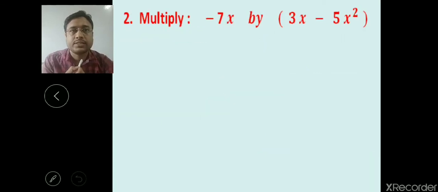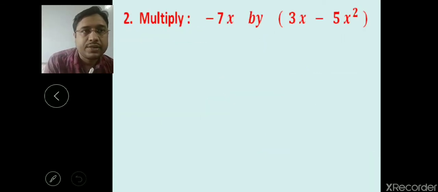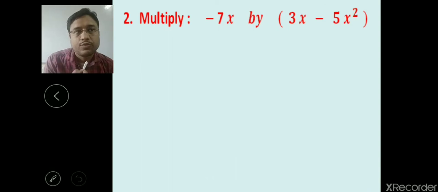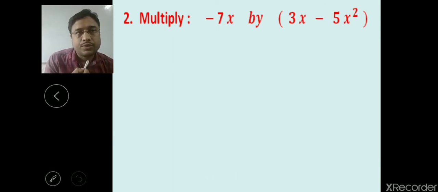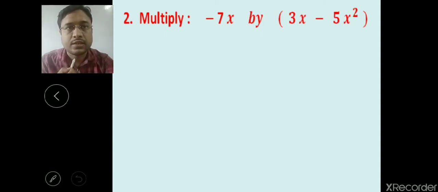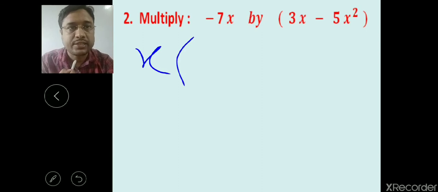Now next you can see, multiply minus 7x by 3x minus 5x square. So here you can use the distributive law of multiplication over subtraction, as in this example: x into y minus z.